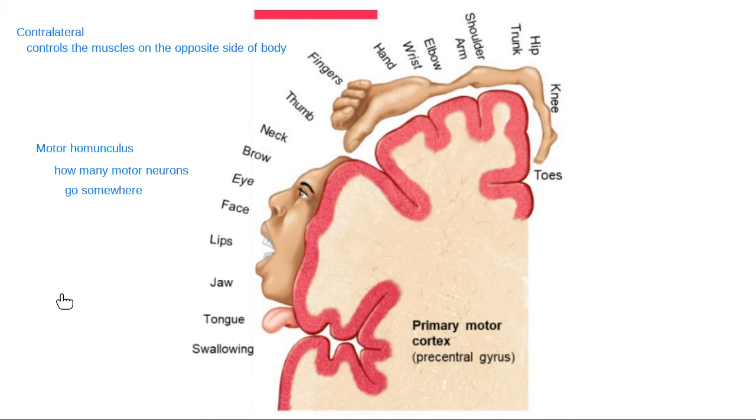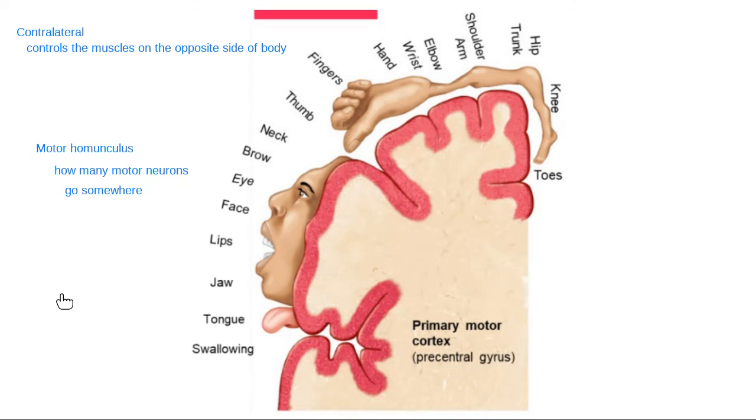If I have a very small number of motor neurons, there's a very small number of messages that I can send. Because each neuron sends a slightly different message to the parts of the body that it controls. So if I've got 5 motor neurons, for example, that's 5 messages.